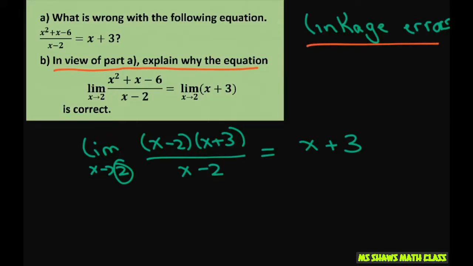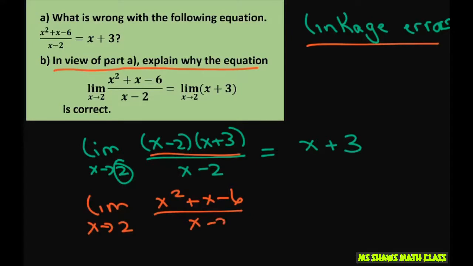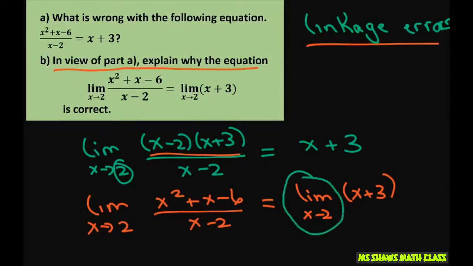But what does make sense is you could say the limit as x approaches 2 of, and I'll go ahead and rewrite this the way they have it, x squared plus x minus 6 divided by x minus 2 equals the limit as x approaches 2 of x minus 2 times x plus 3 divided by x minus 2. And the reason that's true is because if we look back at it, the only thing we did different here is we put the limit in front of that.